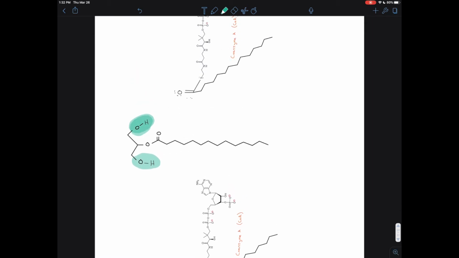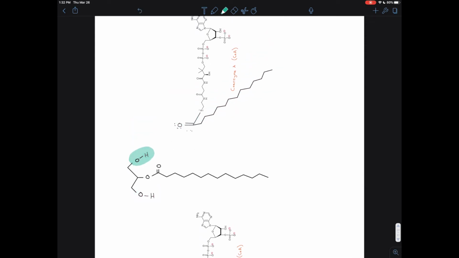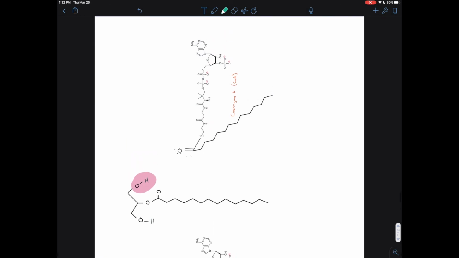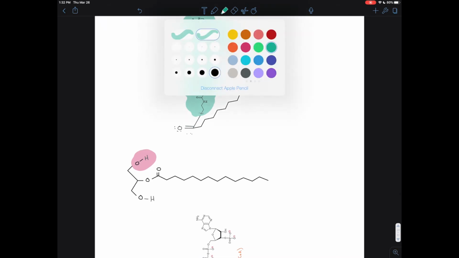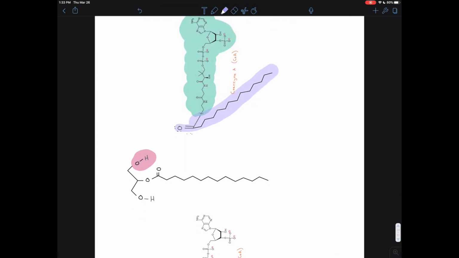But now, once it's on the other side, this is going to act as a nucleophile and do a nucleophilic acyl substitution reaction. And I guess I should put those in red. Right, this is going to be a nucleophile. And then the leaving group of this nucleophilic acyl substitution is going to be this big coenzyme A molecule. And so you can see that will reattach this fatty acid here, this purple fatty acid, onto the glycerol backbone.